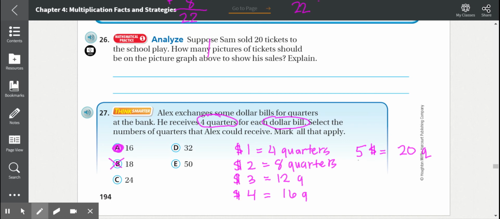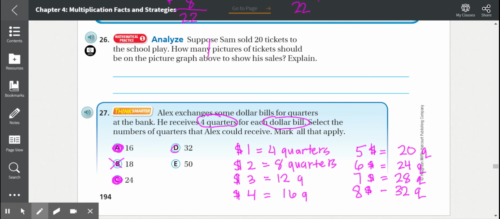Okay. If he gave the cashier $6, he'd get back 24 quarters. So he could get back 24. If he gave the cashier $7, he'd get back 28 quarters. If he gave the cashier $8, he'd get back 32 quarters.